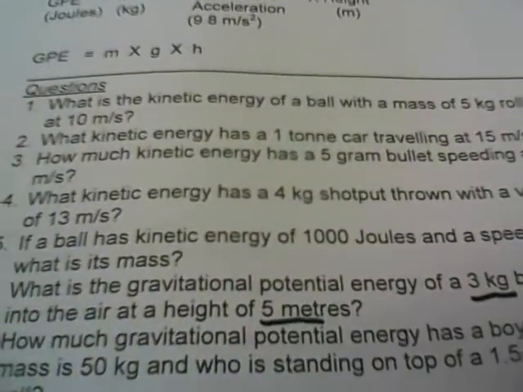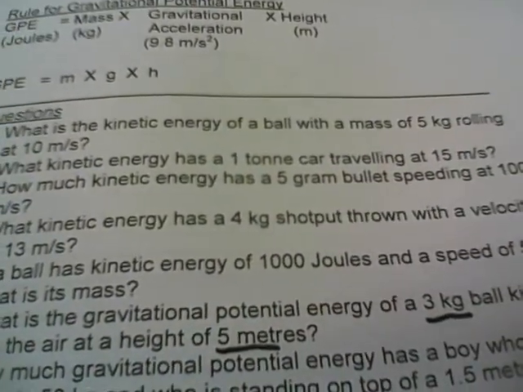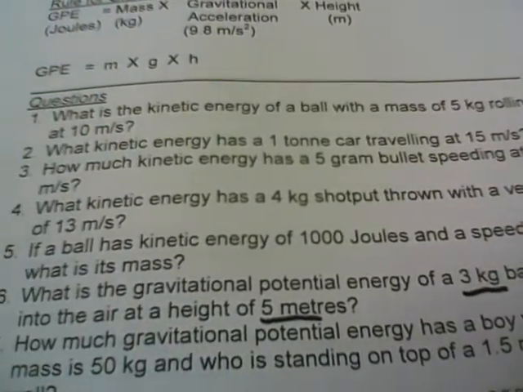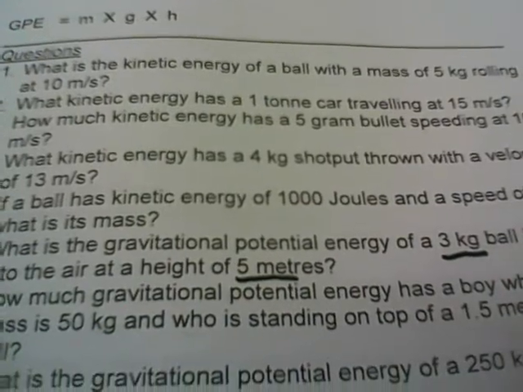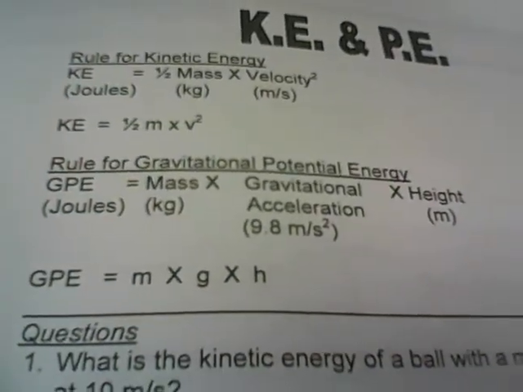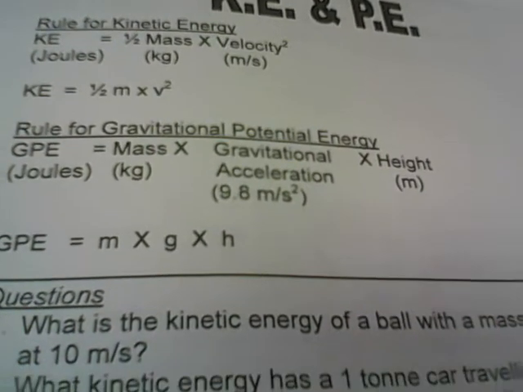So let's look at number 1. It says, what is the kinetic energy of a ball with a mass of 5 kilograms rolling at 10 meters per second? So we have a mass and we have a velocity. And we know that kinetic energy is 1/2 times mass times velocity squared. So let's go ahead and work that problem out here.